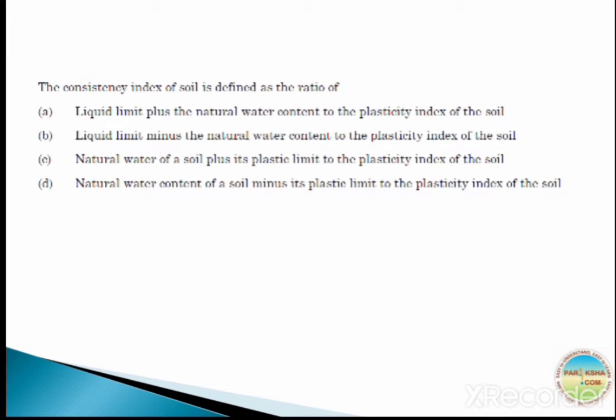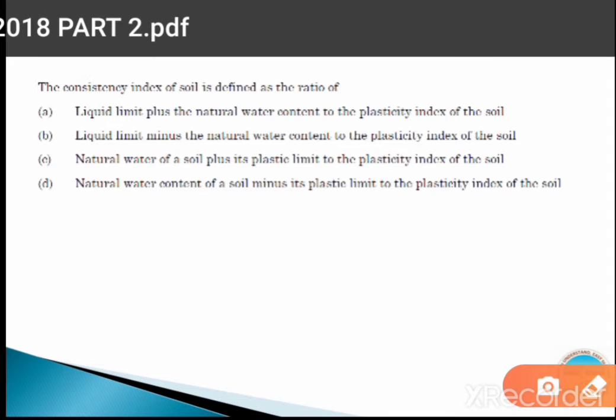The consistency index of soil is defined as the ratio of: liquid limit plus natural water content to the plasticity index of the soil; liquid limit minus natural water content to the plasticity index of the soil; natural water content of soil plus plastic limit to the plasticity index of soil; and natural water content of soil minus its plastic limit to the plasticity index of soil.